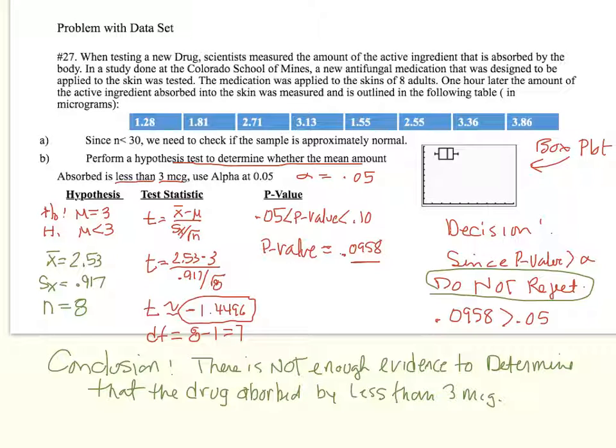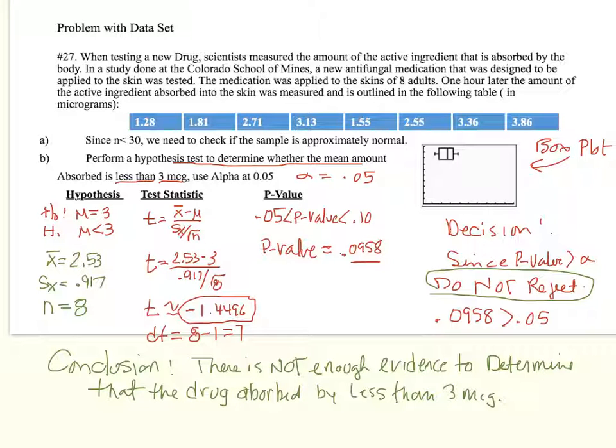Okay? And there's not enough evidence. And the reason we say not enough evidence is because we're always afraid of committing a type 2 error. And so that's why we say there's not enough evidence to determine that the drug absorbed by the skin is less than 3 micrograms.